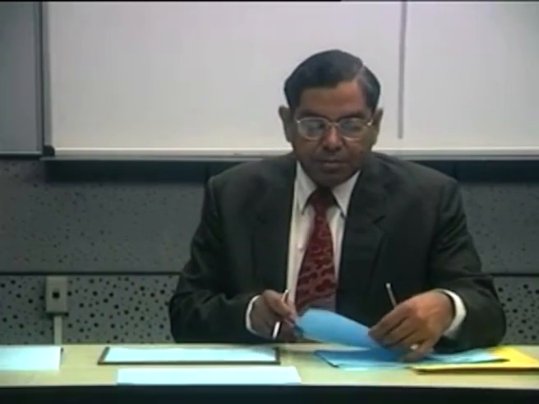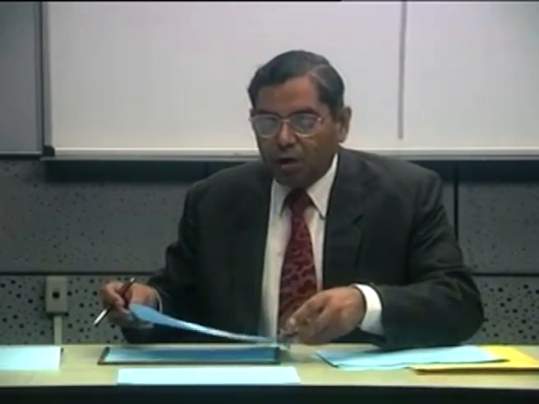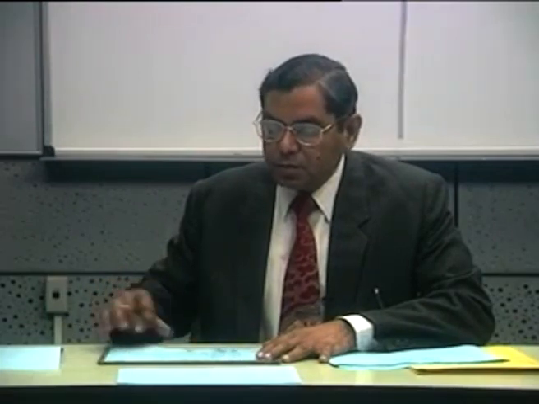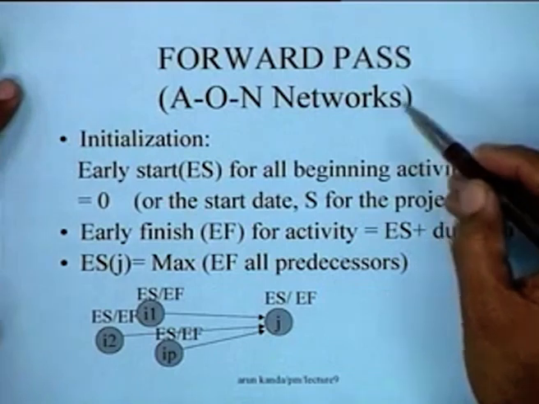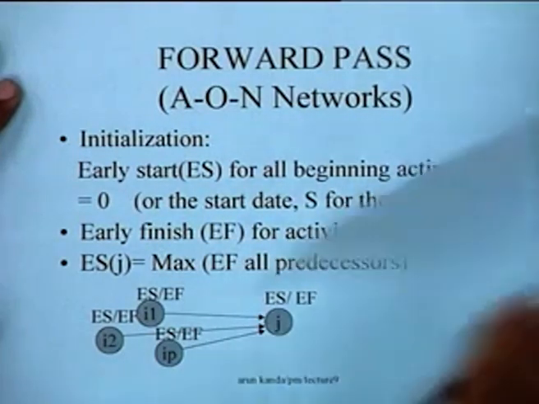Now before we actually do the forward and the backward pass for this particular network, let us see what would be the general manner in which a forward pass would be conducted. For any network, a forward pass on an AON network begins with a stage of initialization.